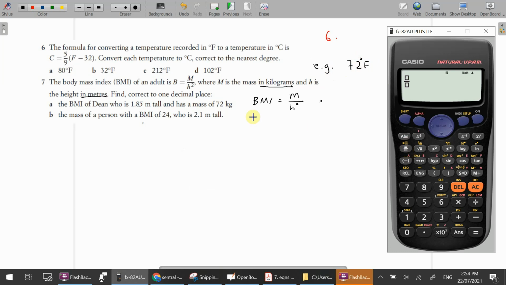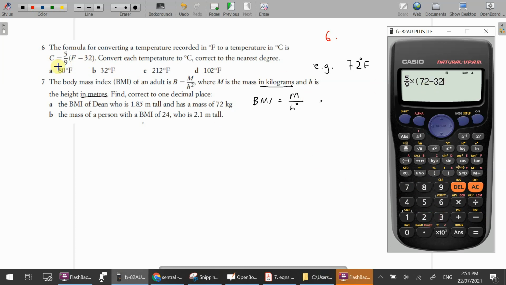We start with our fraction, 5/9, times, in the bracket, whatever the Fahrenheit number is, 72, minus 32.